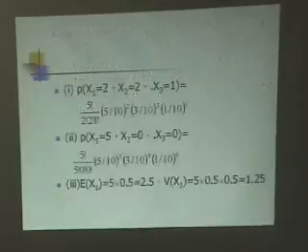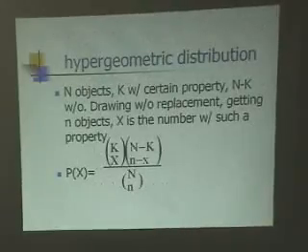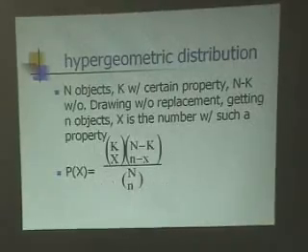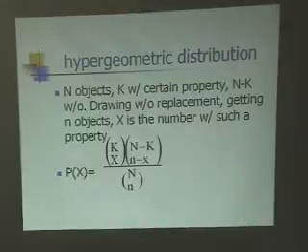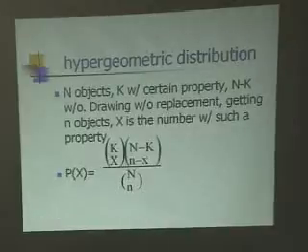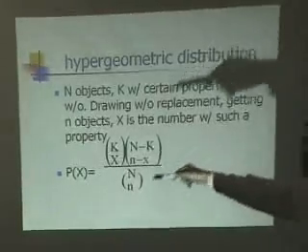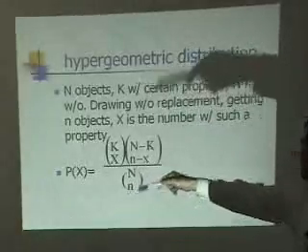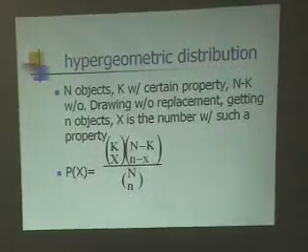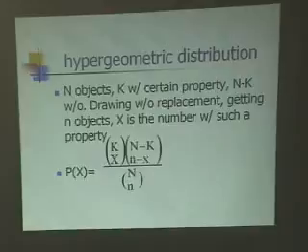Okay, here, this is one example, okay? So let us forget about this one. Hypergeometric, okay? What's the difference with this one and the other one is actually here. Drawing without replacement. Okay, so when we talk about binomial, it is drawing with replacement.